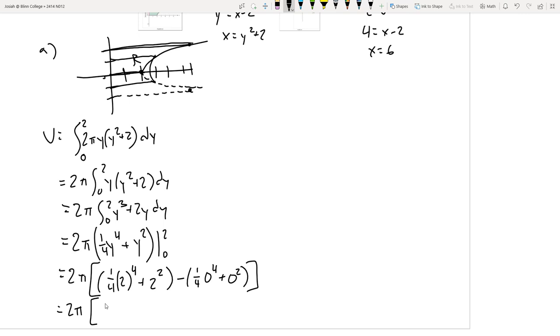So 16 divided by 4 is 4, plus 2 squared is 4, and these are both 0. So we have 2 pi times 8. So we get 16 pi cubic units. Right, so that's the shell method just for this region about the x-axis.